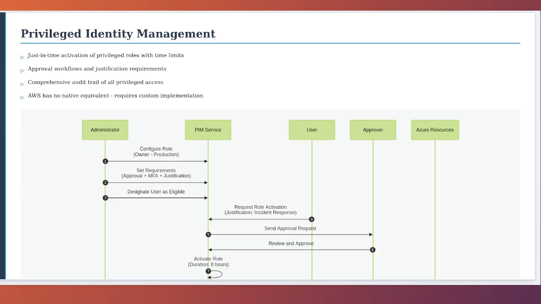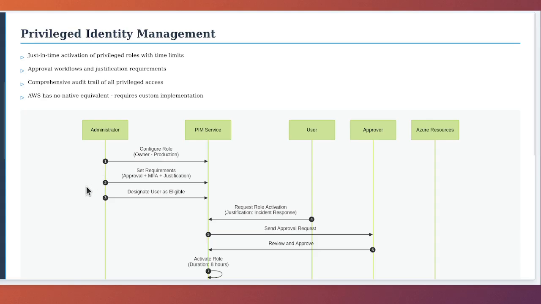Depending on your configuration, the request might be automatically approved, or it might require approval from designated administrators. Once approved, the user has the role's permissions for a time-limited period, typically a few hours. After the time expires, their privileges automatically expire, and they return to their normal permission level.